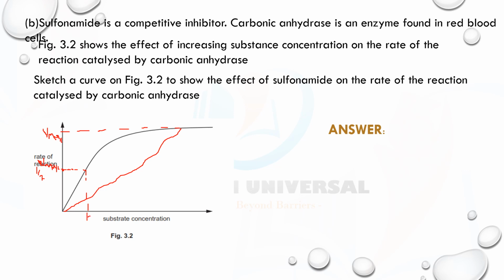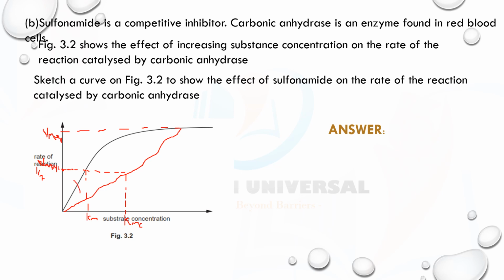But if you see with a competitive inhibitor, if I extend it, the Vmax of the competitive inhibitor will always be higher than the Vmax without it. Sorry, the Km, I'm talking about Km. The Km with a competitive inhibitor will always be higher than the Km without a competitive inhibitor. Now this is Km with a competitive inhibitor. It's higher, but their Vmax is the same.